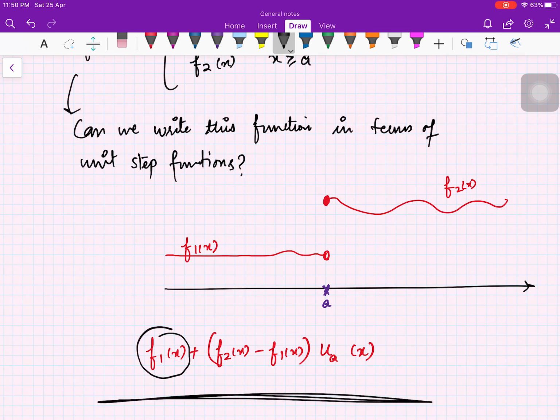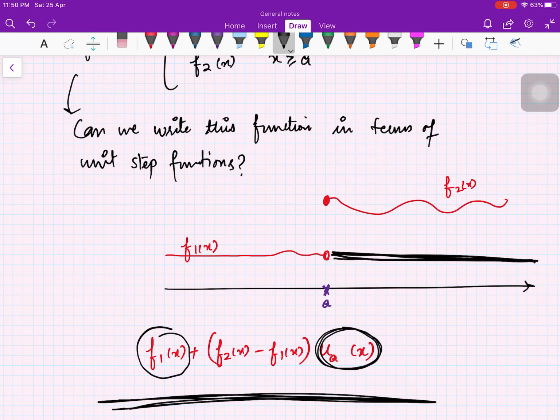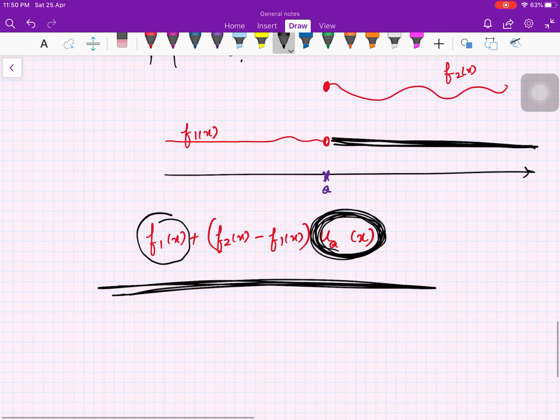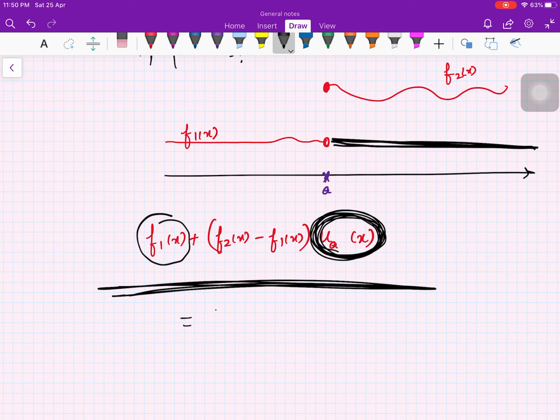You see, here I'm saying that take everywhere f1(x), whatever is the function, and then you have this u_a(x), which is 0 for x less than a, so this quantity is 0 for x less than a.